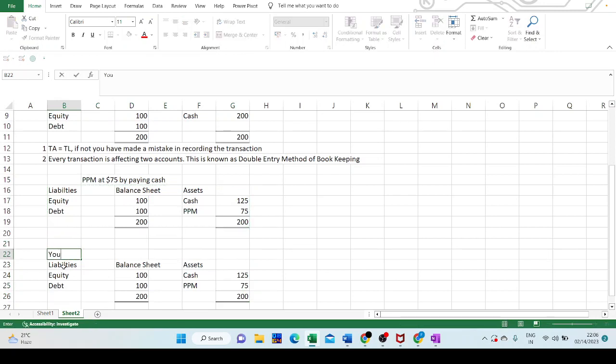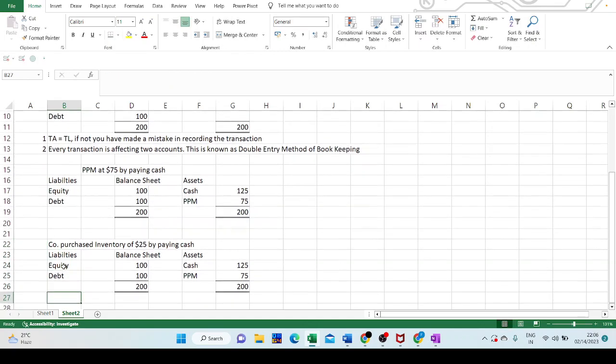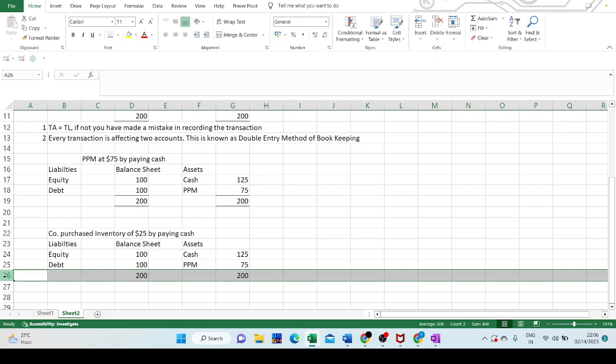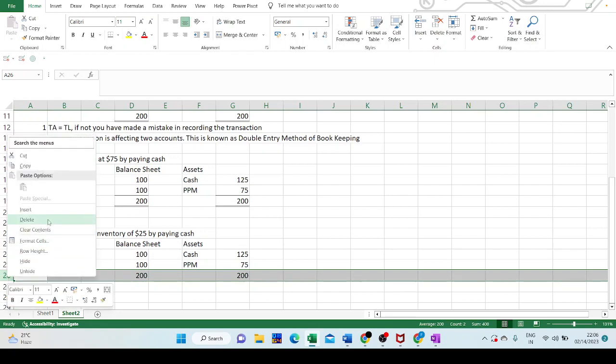Now the next idea is, guys, the company purchased inventory of $25 by paying cash. What is inventory, guys? Any idea what is inventory? Current assets.